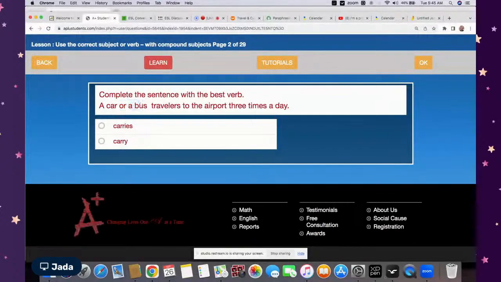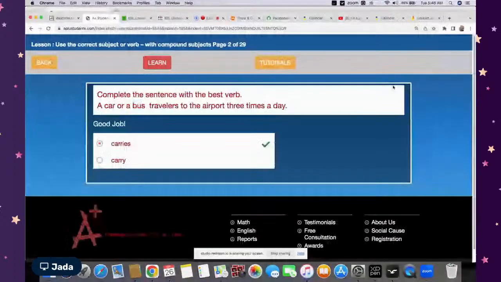And then it says bus. It doesn't say buses, right? So the last one is a singular subject. All right? So we have the singular subject and we're going to have the singular verb. So this one. Thank you. Your answer is correct.